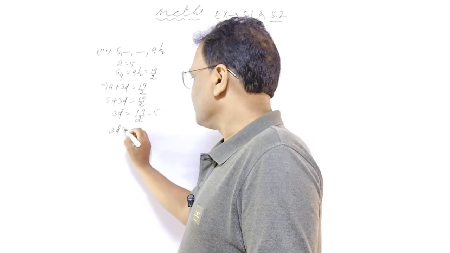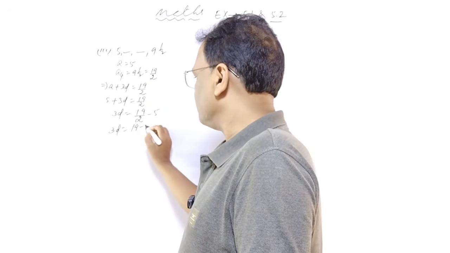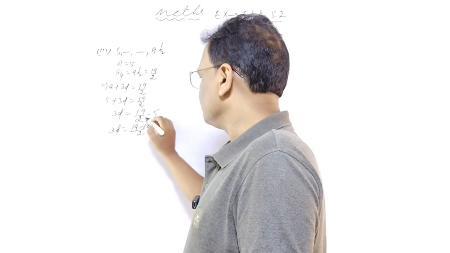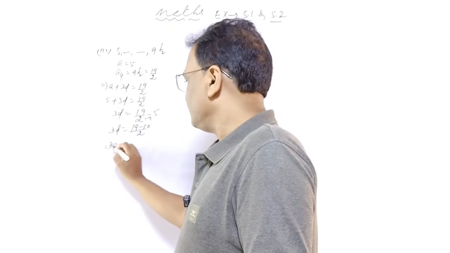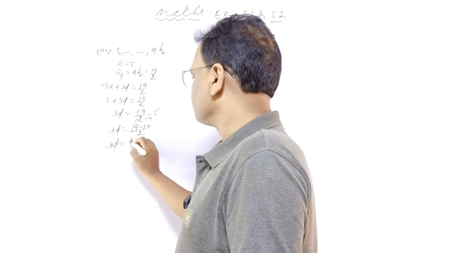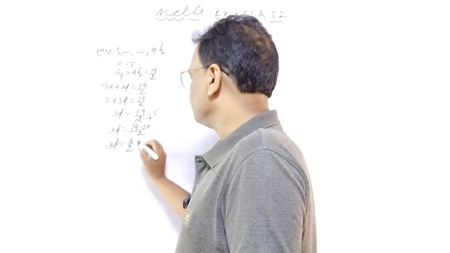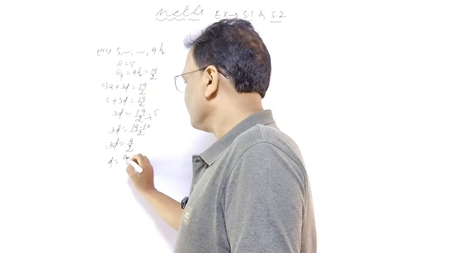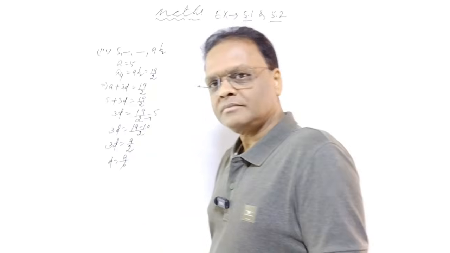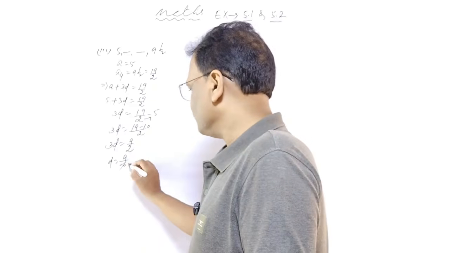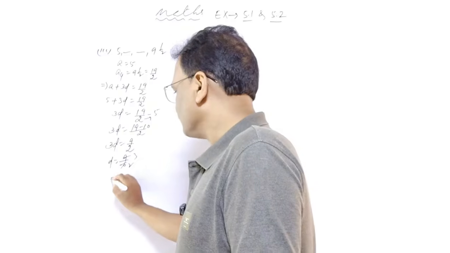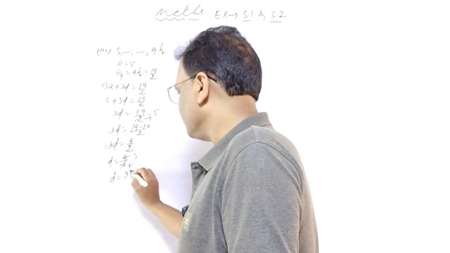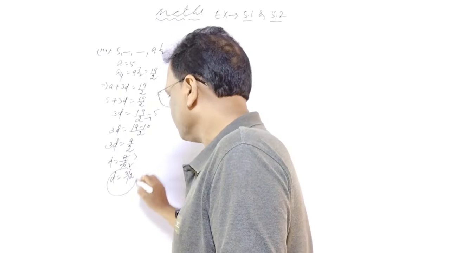So 3D is equals to what I am getting? 19 minus 10 divided by 2. So 3D is equals to 9 by 2, or D is equals to 9 by 6. If you divide, 3 twos are 6, 3 threes are 9. So what is the D value? I am getting D is equals to 3 by 2.